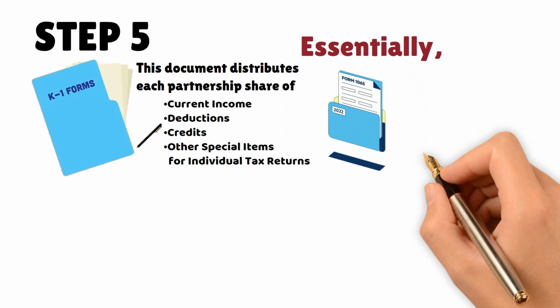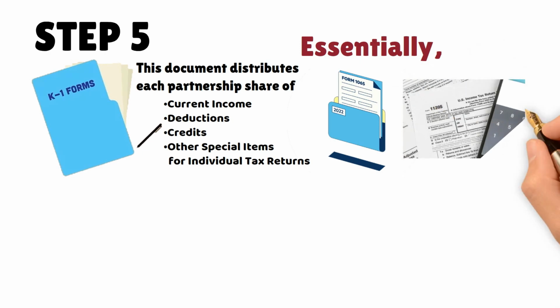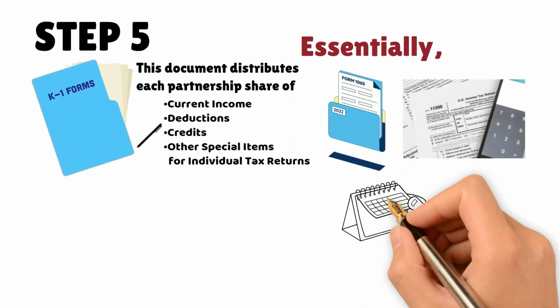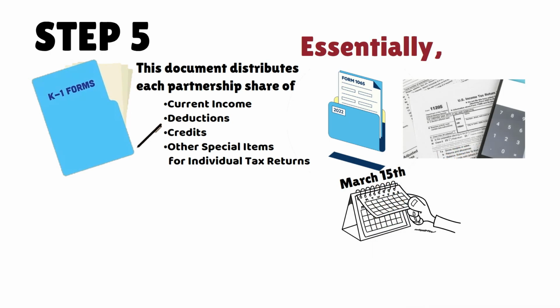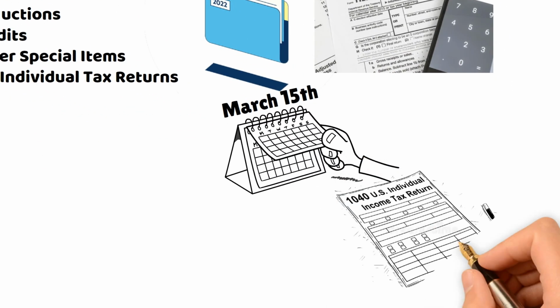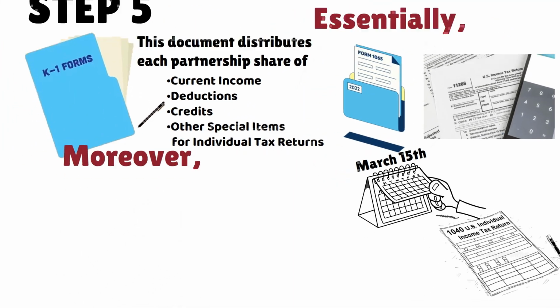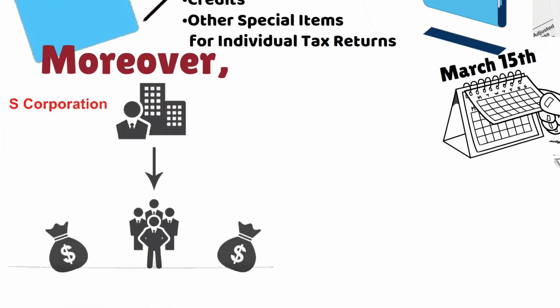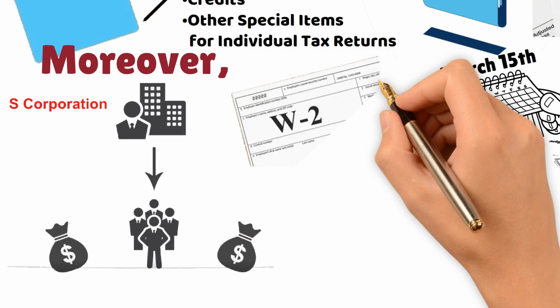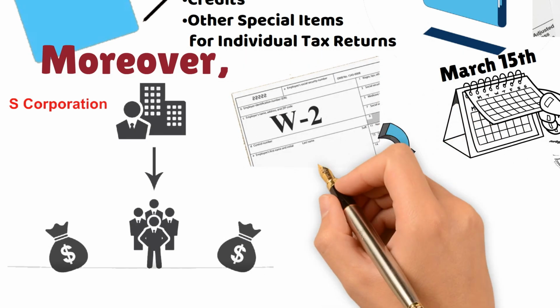Essentially, after filing your 1065 or 1120S by the usual business tax deadline, often March 15th, filing the K-1 document on your individual 1040 tax return is necessary. Moreover, if you're an S corporation paying yourself a reasonable salary, your W-2 income is also included in your individual tax return.